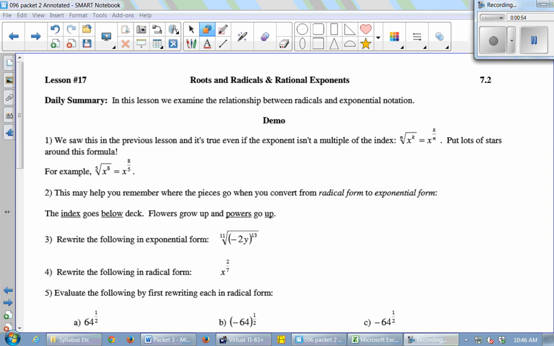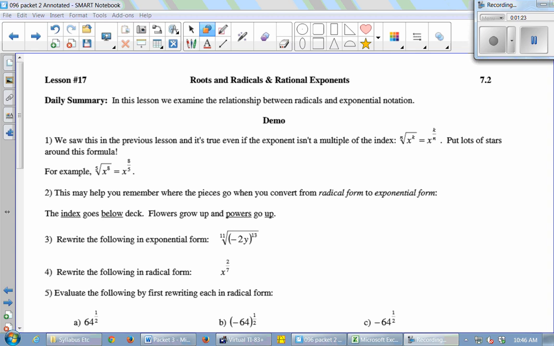But we got a little stumped when the index didn't go evenly into the exponent. It turns out that formula is true even then. For example, the 5th root of x to the 8: 8 isn't divisible by 5, but you can still write x to the 8/5, 8 over 5.